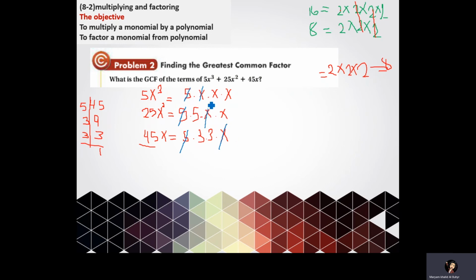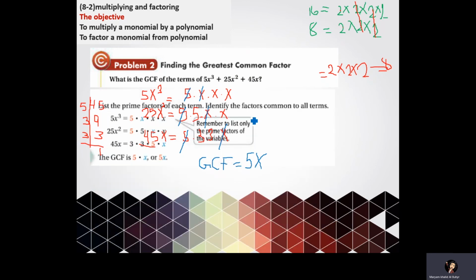So the repeated terms, numbers or variables will be the greatest common factor. So the greatest common factor for this polynomial will be 5x. Why? Because 5 and x are repeated in all of them.